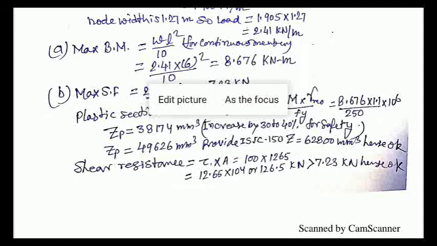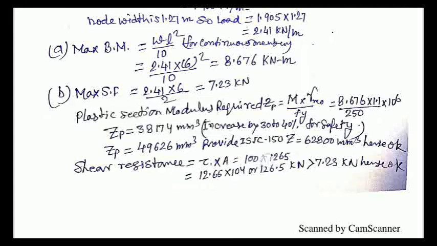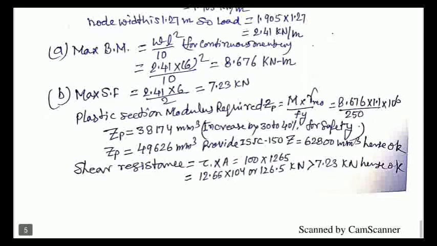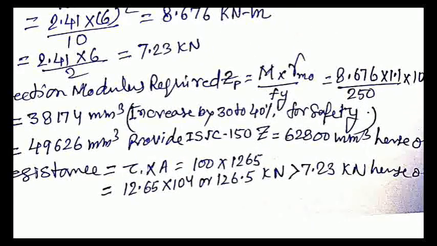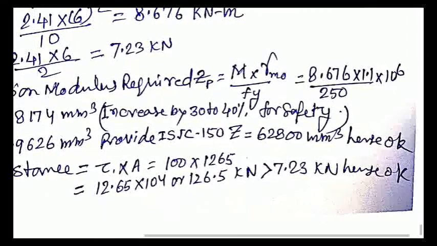So ZP required is 49,626 mm cube. Now provide ISJC junior channel of size 150, and the provided section modulus is 62,800 mm cube. Hence it's okay.